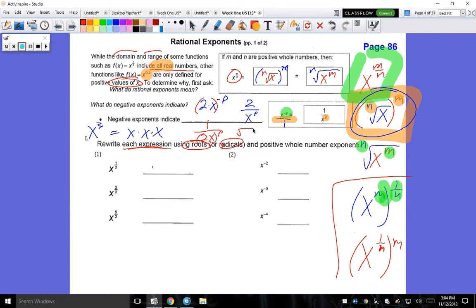Yeah, like square root of x. Yeah. Okay? This one is what? The next one. Anyone? Yep. Square root x cubed. Which one do you think this one is?